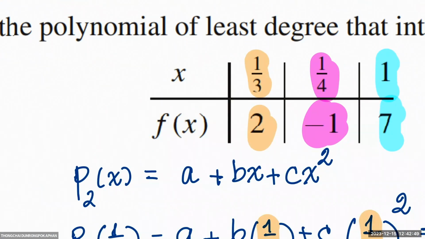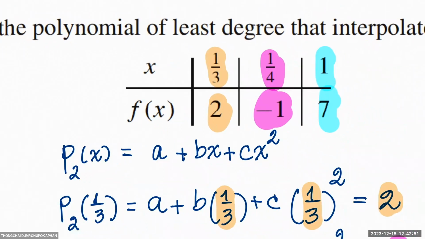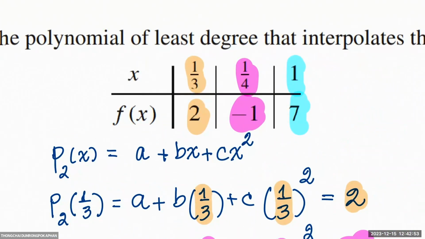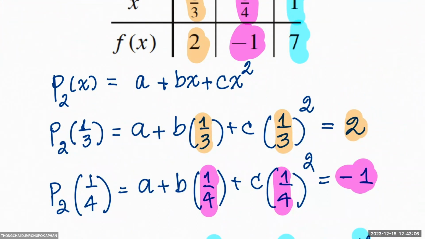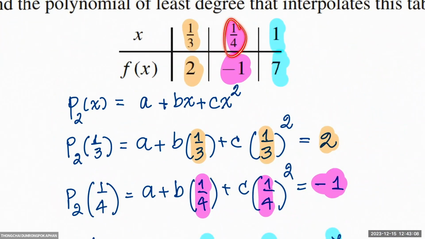Now from the first point, the orange point, you replace wherever you see x with 1/3, and the value of y is 2. Second one, replace x by 1/4, so you get 1/4 and 1/4 squared, and the value of y is -1.